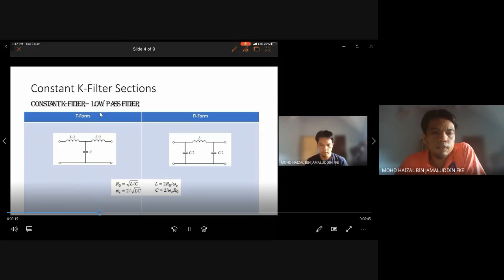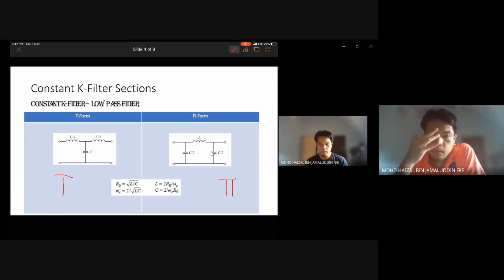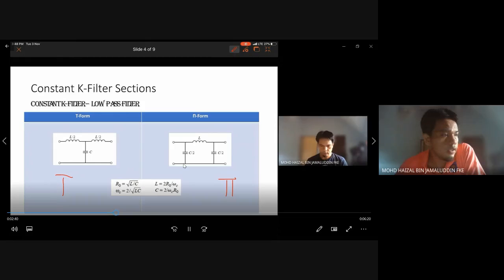So this is a low pass filter. This is the T form, while the pi form is on the right. Okay, so basically the formula is there. R0 is equivalent to the square root of L over C, and omega C is equivalent to 2 divided by the square root of LC.